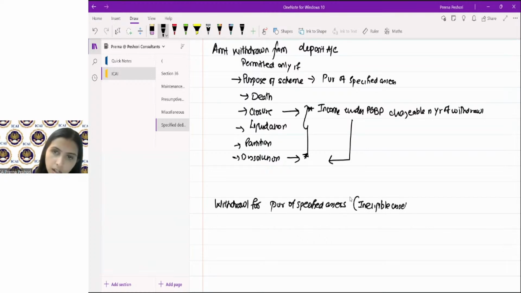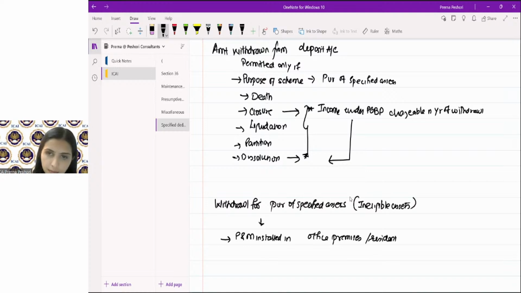Ineligible assets. Plant and machinery installed in office premise or residential area. Second, office appliances other than computers.